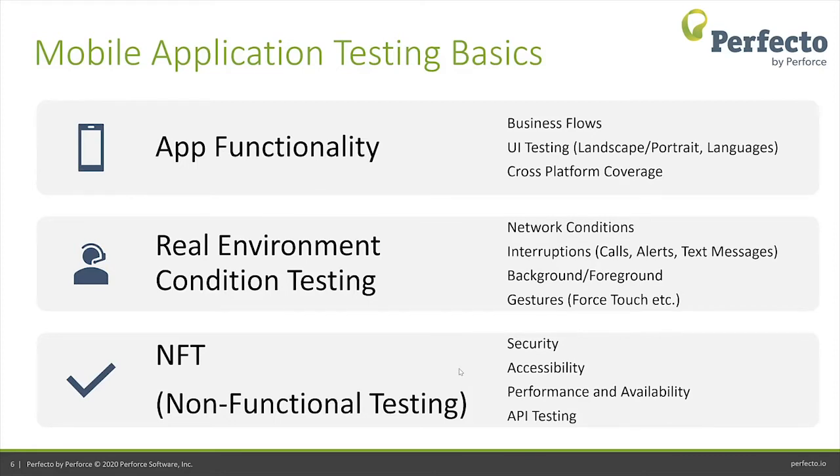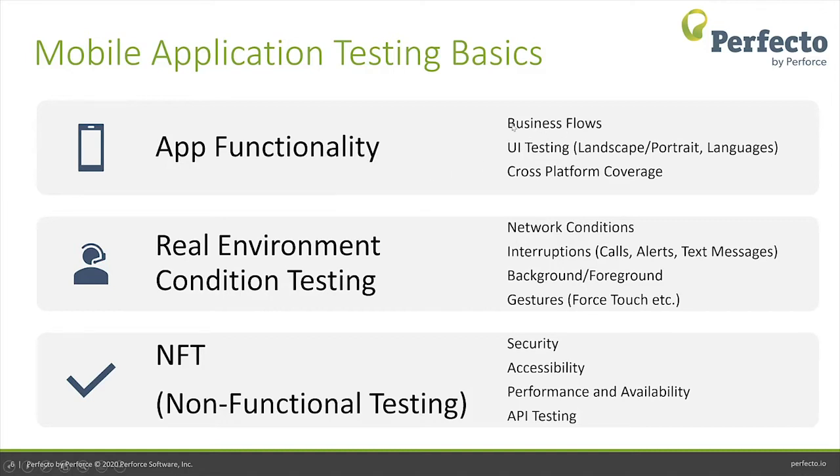So if you want to draw a very high level test automation or testing plan for your mobile app, these are the fundamentals or building blocks that you want to check in your plans. So obviously the functional testing should take a lot of focus and attention from your test automation and test engineers as well as developers.